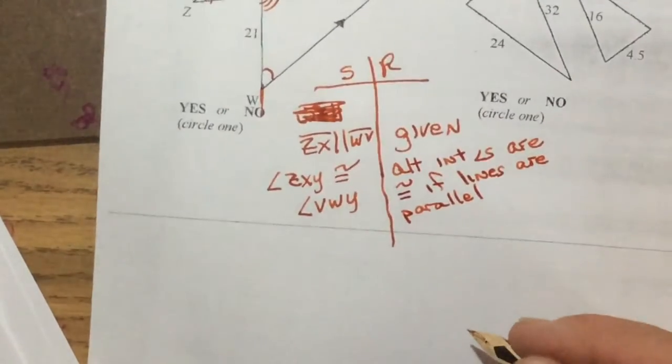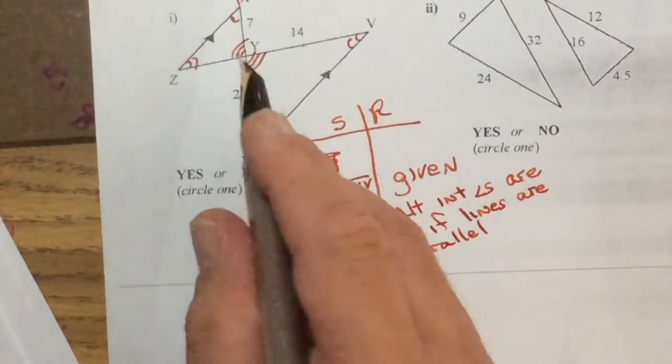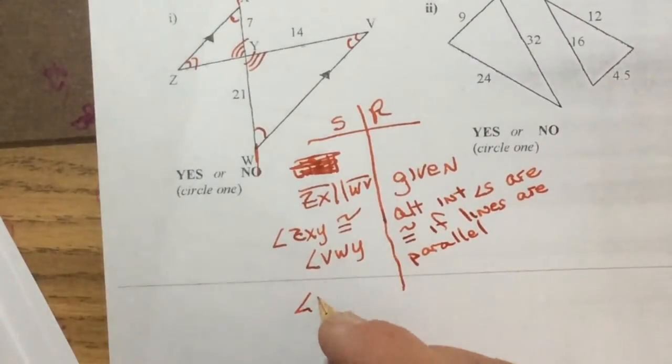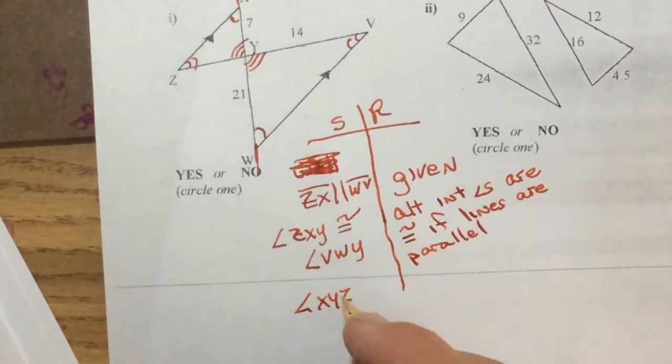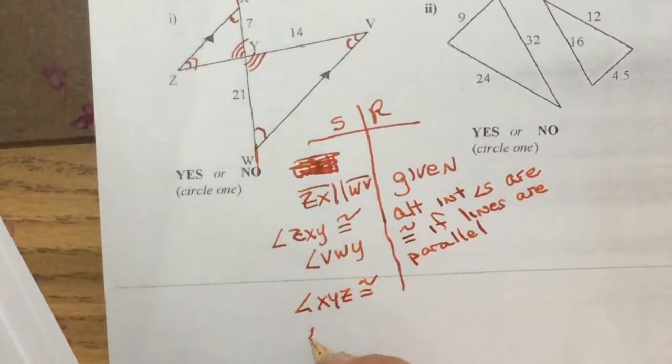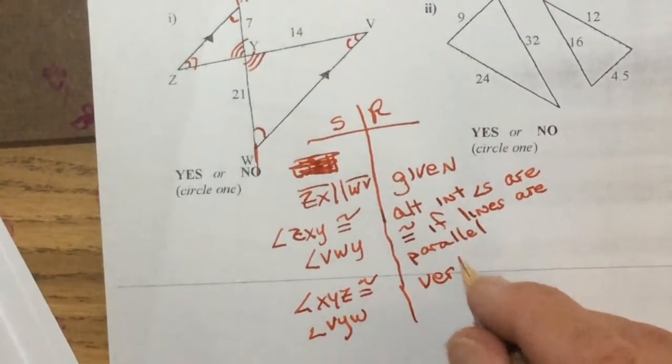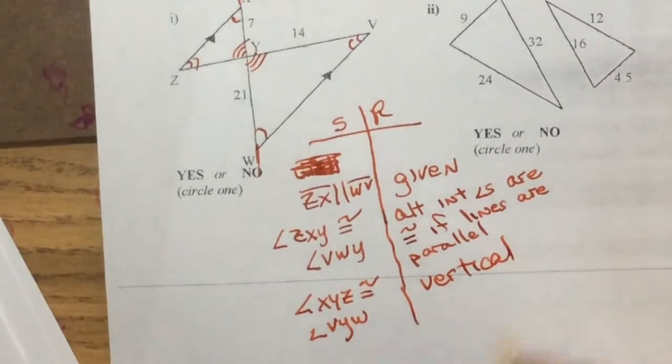Okay. So we need one more angle, and actually this one's as easy as any. Angle XYZ is congruent to angle VYW because they are vertical angles, and vertical angles are always congruent.